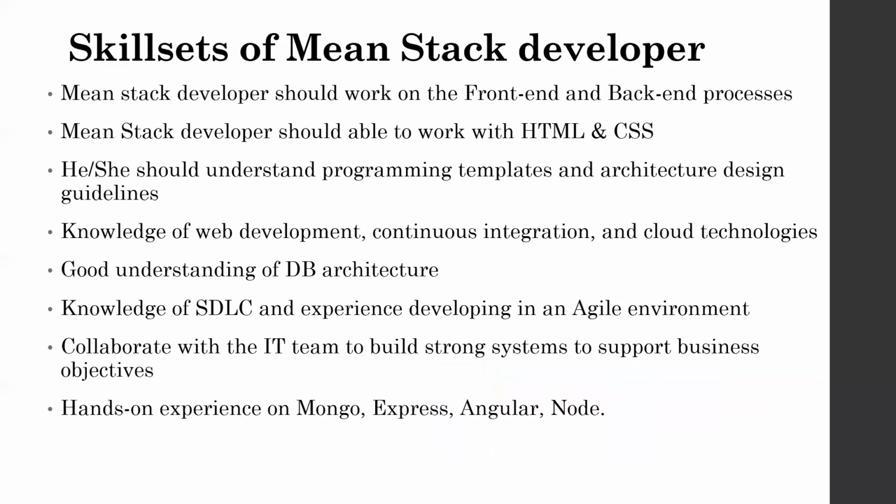So, the skill set required for a MEAN stack developer. A MEAN stack developer should work on front end and back end processes. A MEAN stack developer should be able to work with HTML and CSS that we have also discussed. He or she should understand programming templates and architecture design guidelines, so how things are going to be done, that type of awareness the developer should have, and knowledge of web development, cloud technology, and a good understanding of database architecture.